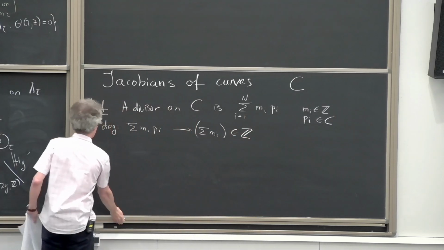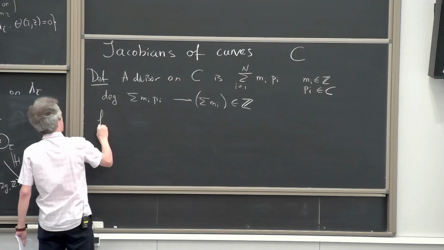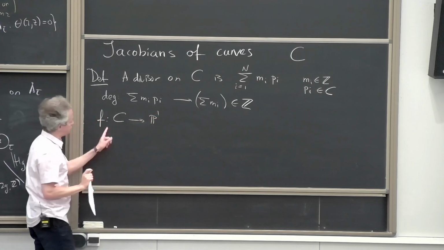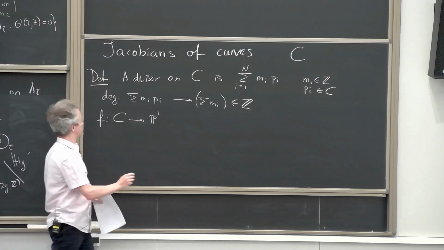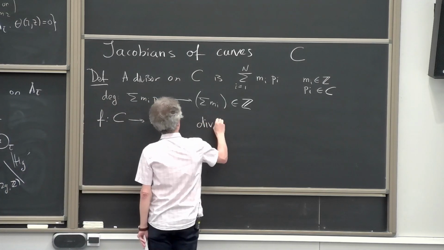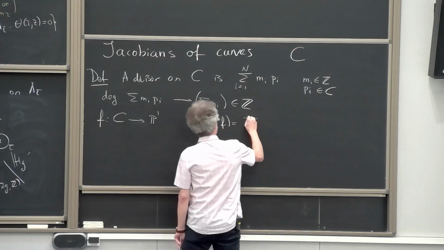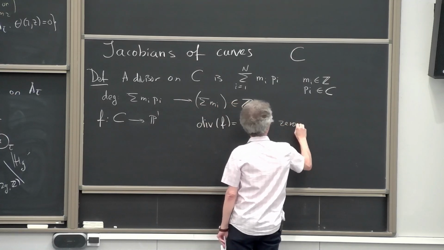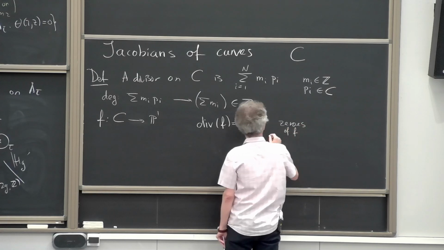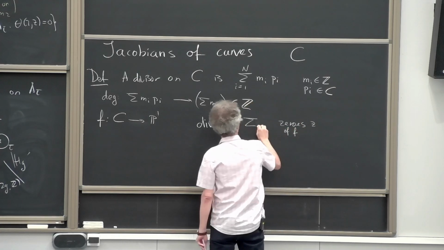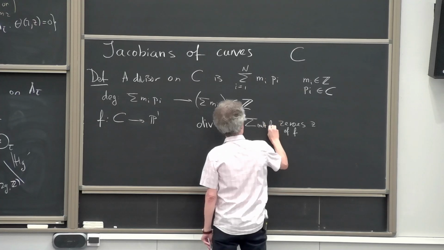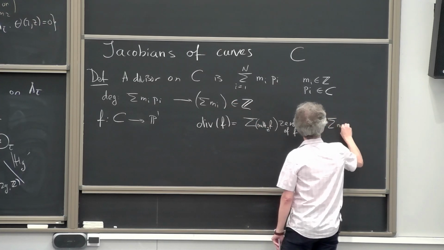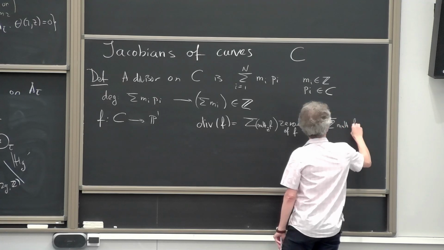Okay? If I have a function f on C, which means a meromorphic function, so it's a map from C to P^1, then the divisor of f is the following. It's the sum of zeros z of f, times the multiplicity of f at the zero, minus the sum of multiplicities of the poles.